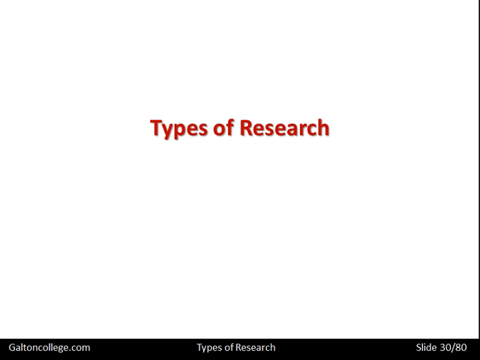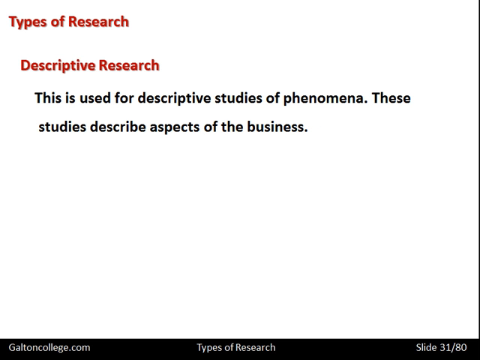Now the types of research, well, there is descriptive research. This is used for descriptive studies of phenomena. These studies describe aspects of the business. It's descriptive. It's explaining what the business does. It's making available a description of how the business is being run.